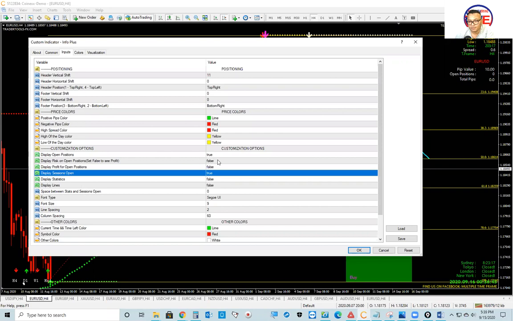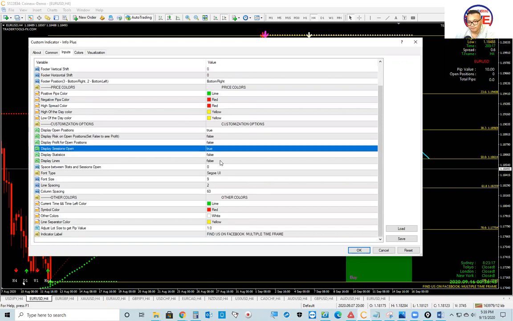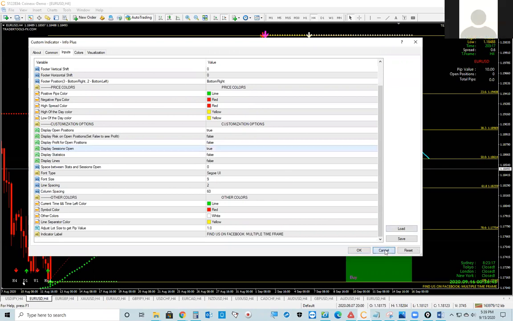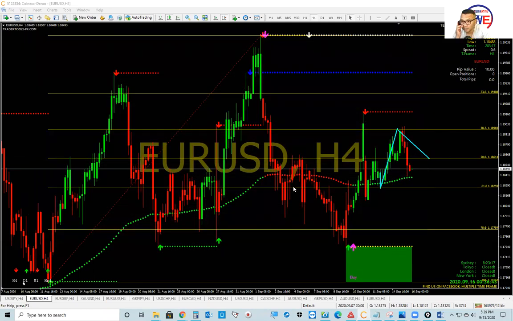Then at the bottom you can put line red, white, and yellow, and press OK. This is called Infoblast. You took a picture already? Okay, good. It's free.